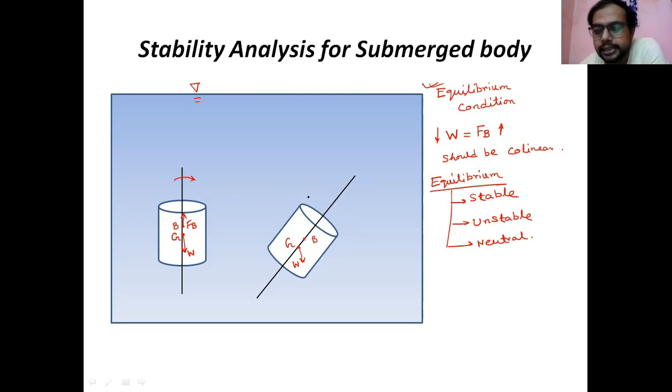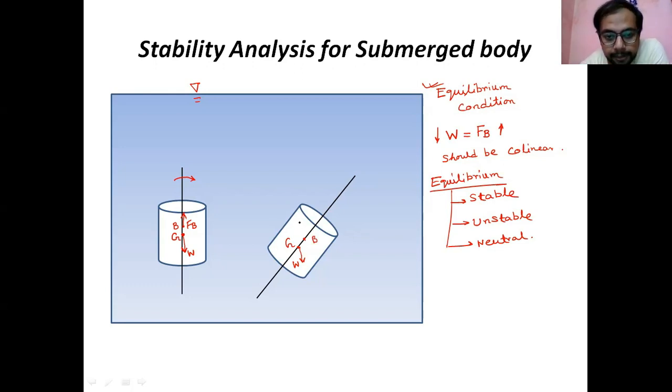So the points B and G have no change here. The center of buoyancy will be the same point. Again, I am repeating, because no extra volume comes inside the water. Initially the full volume was inside the water, and now also the full volume is inside the water, so the amount of displaced liquid is the same.